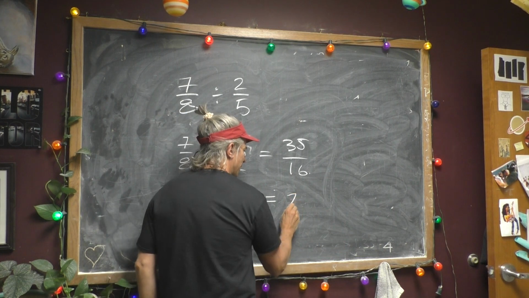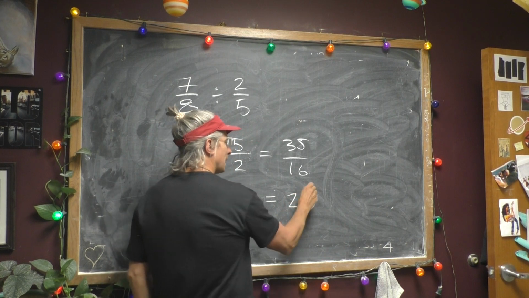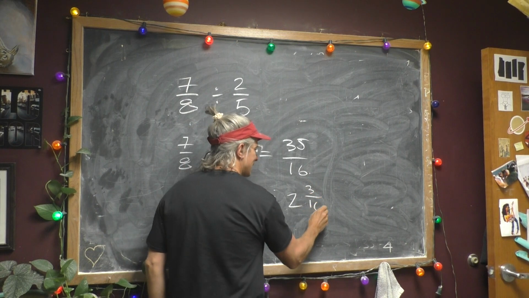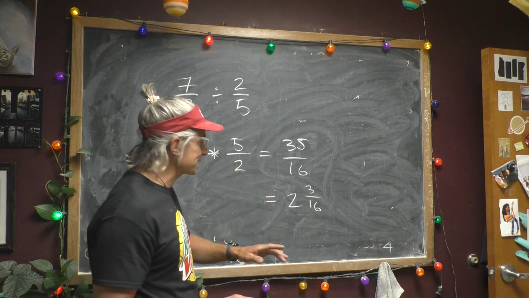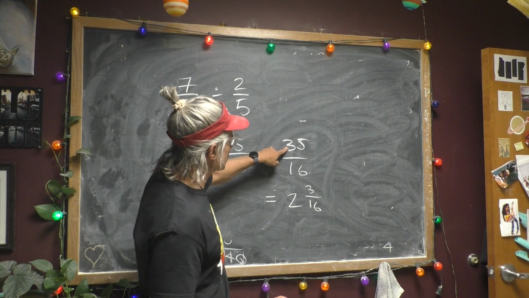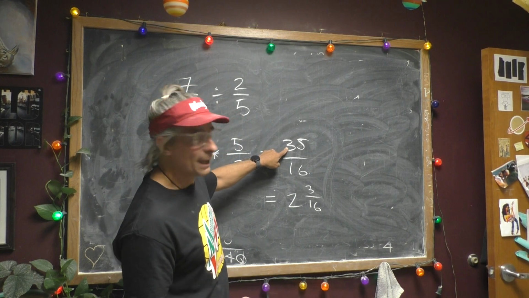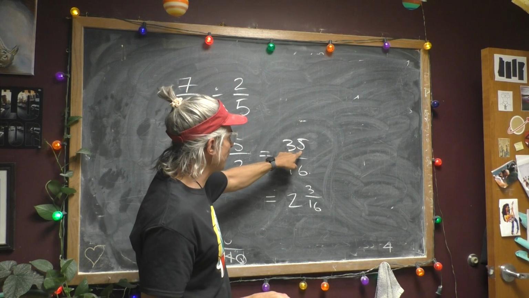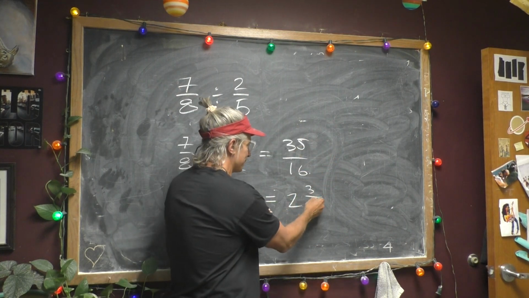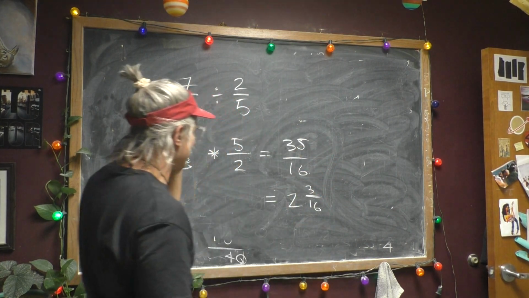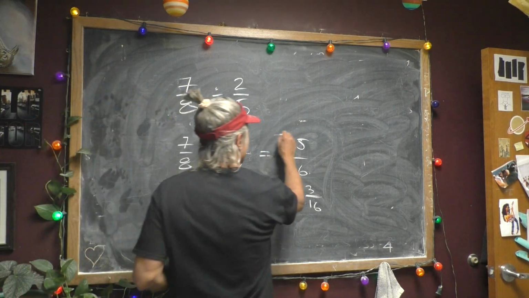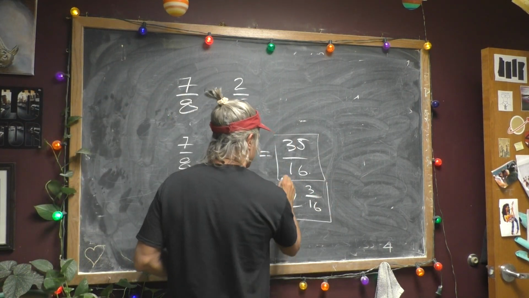And 16 goes into 35 twice, and it's going to have 3/16 left over. The reason it's 2 and 3/16 is that 16 goes into 35 2 times, which would be 32, but then 35 has 3 left, so you have 3/16. So 2 and 3/16.